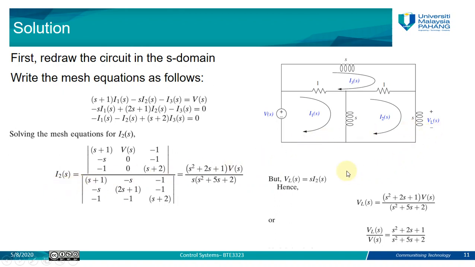There are several solved examples in the slides. You can refer to them to understand more about how to find the transfer function of electrical circuits which consist of passive elements.